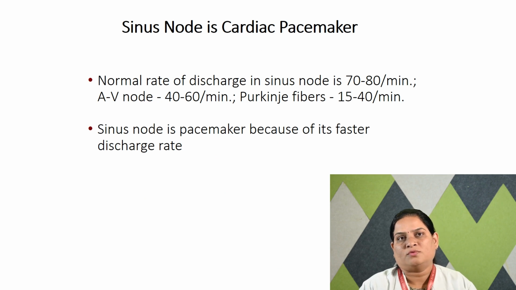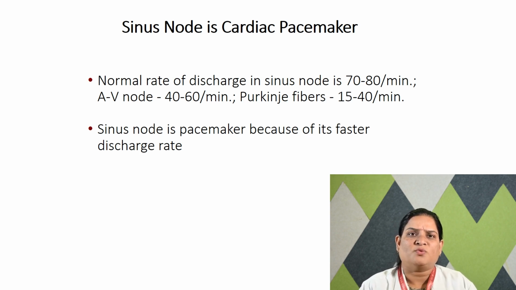Now, why is the sinus node the cardiac pacemaker? The normal rate of discharge in the sinus node is 70 to 80 beats per minute, from the AV node it is 40 to 60 beats per minute, and the Purkinje fibers generate 15 to 40 beats per minute.